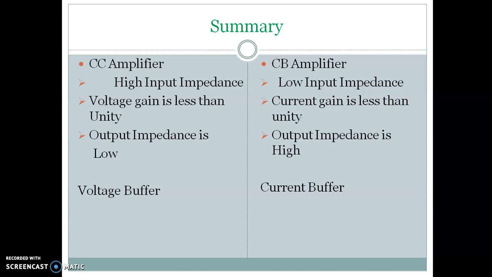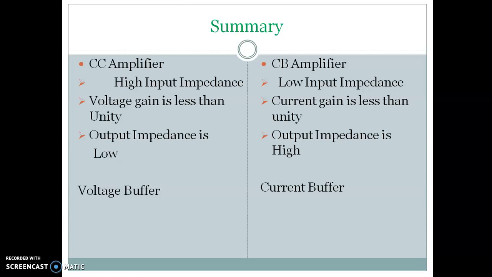The common collector can be used as a voltage buffer, and the common base amplifier can be used as a current buffer. Out of all the three configurations, the common collector will have the highest input impedance and lowest output impedance, and the common base will have the lowest input impedance and highest output impedance.